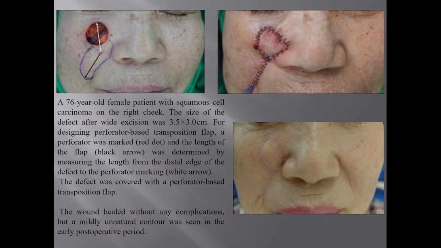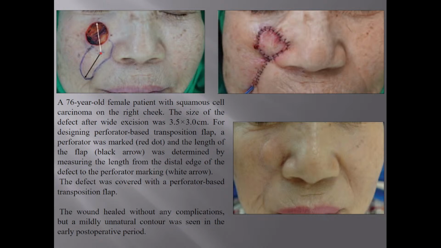The length of the flap, which you can see by a red arrow and was drawn on the skin, was determined by measuring the length from the distal edge of the defect to the perforator marking. You can see it by the white arrow.